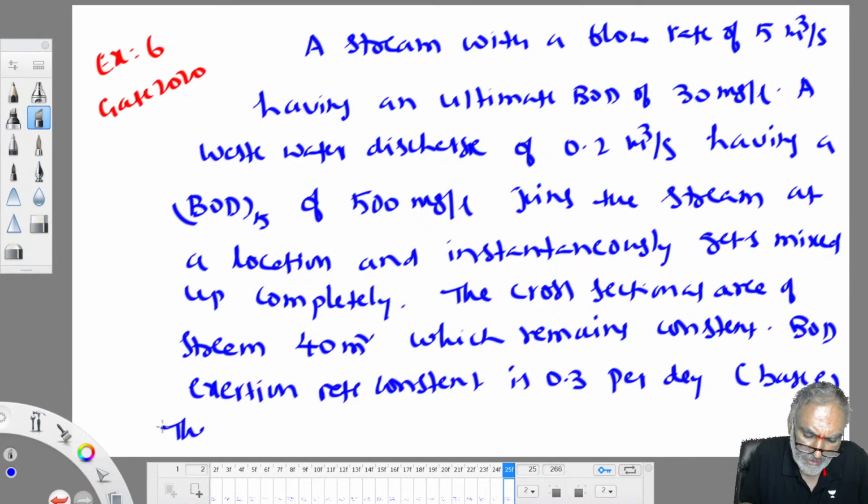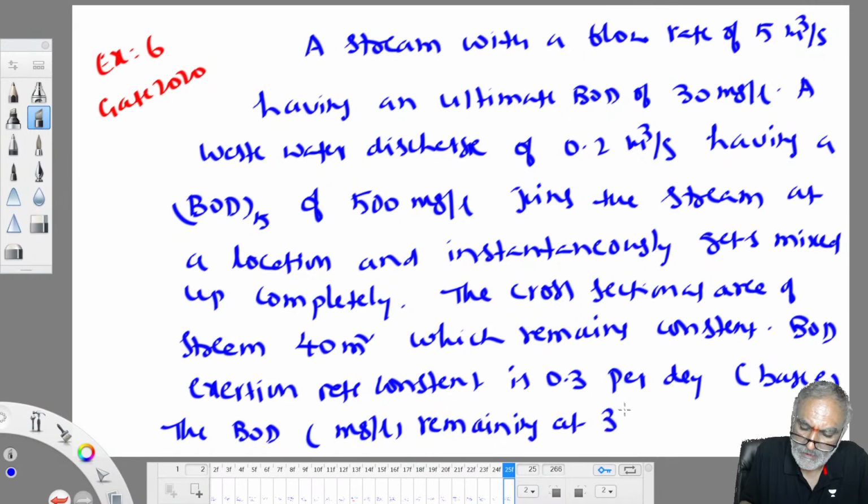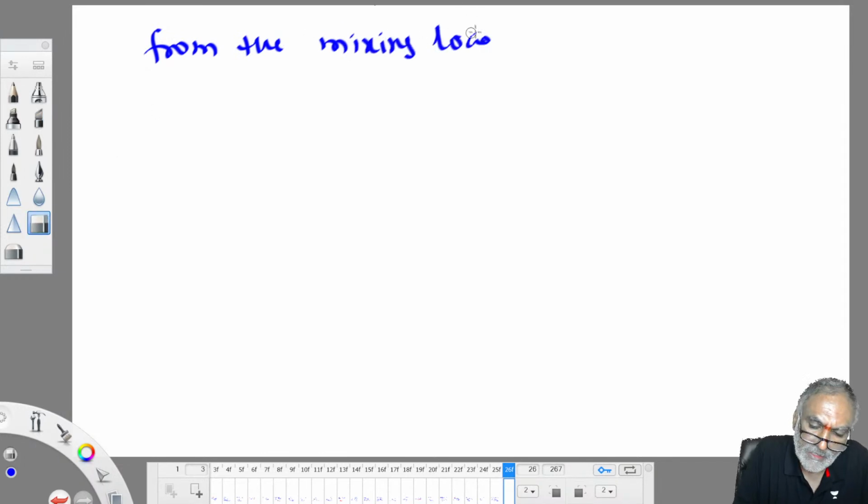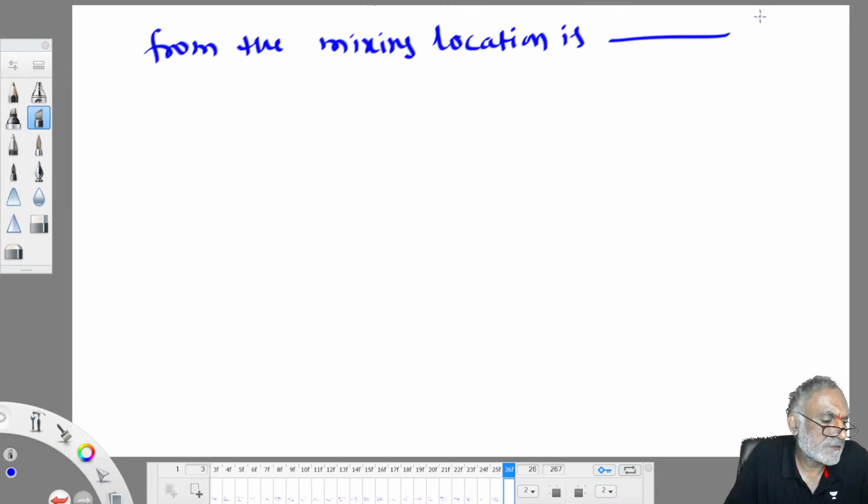The BOD in milligram per liter remaining at 3 kilometers downstream from the mixing location is dash milligram per liter. Similar type of question but slightly different. Carefully need to work out. If you are not careful, first step only will go wrong.